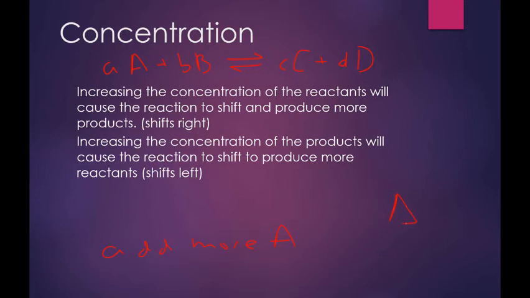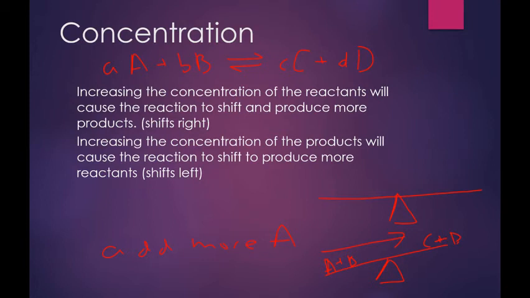So if I think about it in terms of a seesaw, here's my balanced equilibrium. If I add A, it's going to cause it to be less balanced. So now I've increased A and B, and I need to increase C and D to get it back to more balanced. So what am I going to do? I want to shift to the right to produce more products, and then that's going to bring it back to being balanced.